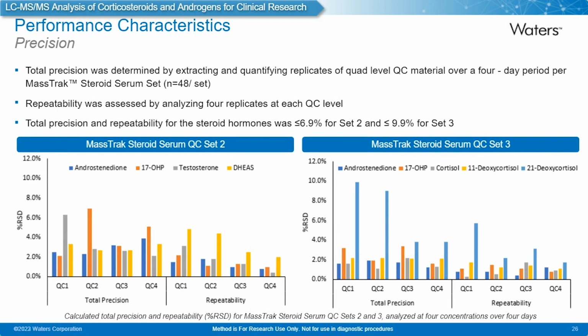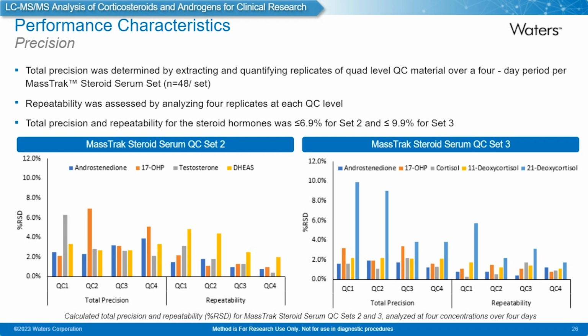Some performance characteristics associated with precision. This was determined by extracting and quantifying replicates of a 4-level QC material over a 4-day period. We actually had 48 replicates across each set, and repeatability was assessed by analysing 4 replicates at each QC level. What this demonstrates is that we've got really good total precision and repeatability in both sets using this method.